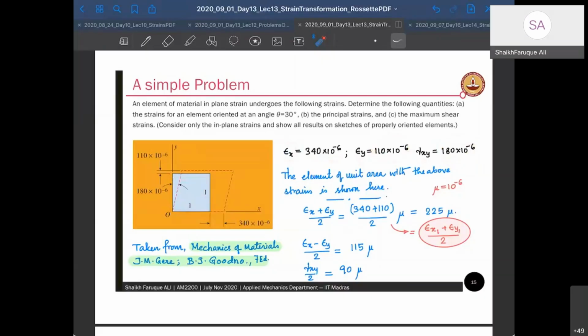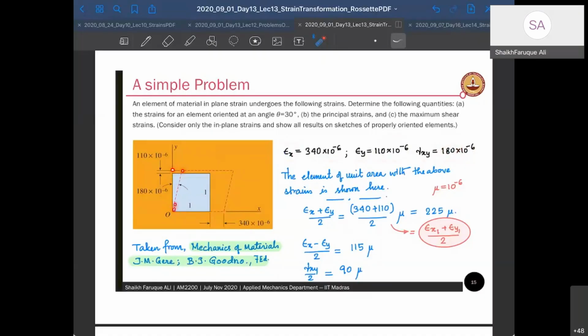In x, I have to give 340, right? That is given. Let's say this is 340 in exaggerated format. Epsilon y is also positive, so 110 on the upper side. So this is my thing. Gamma xy is 180, so I'm giving gamma xy in one direction, one rotation along 180. Once you know gamma xy is 180, you know what theta will be, tan inverse of gamma xy, almost the same value. So from this to this, there is an angle.